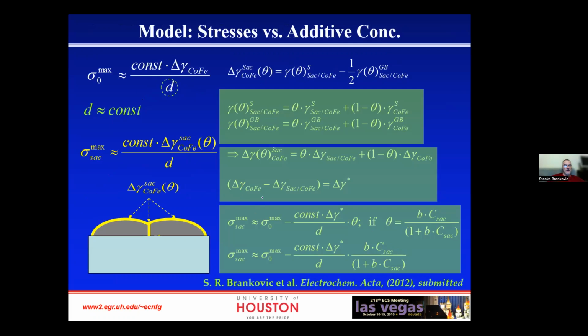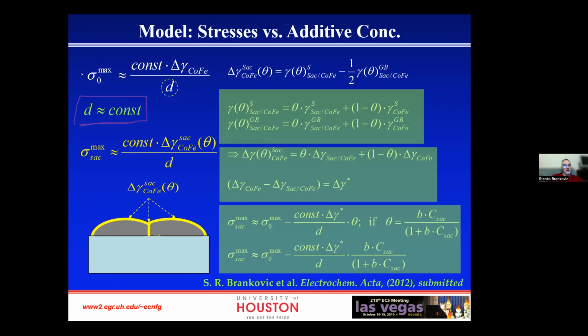How are we going to do that? Well, very simple. If we say that the additives do not affect the grain boundary or the grain size much, because we already have checked this, and I showed you the data for this particular case, we can consider the grain size to be constant.